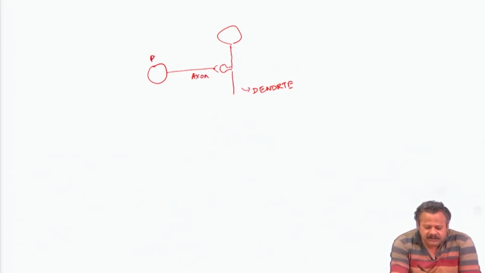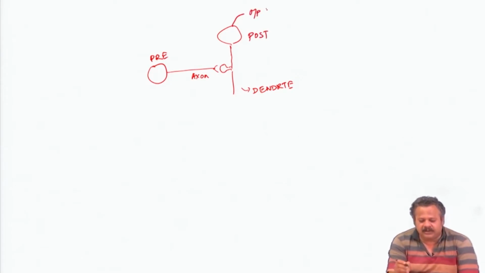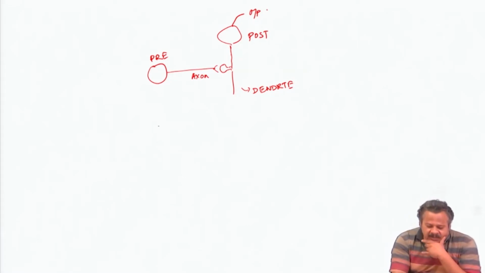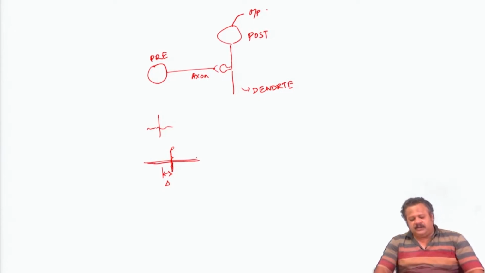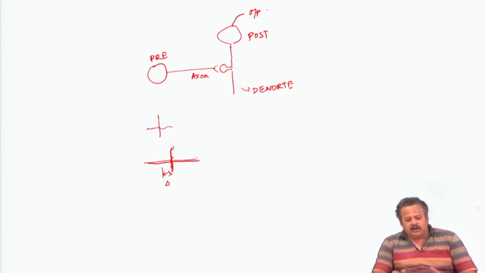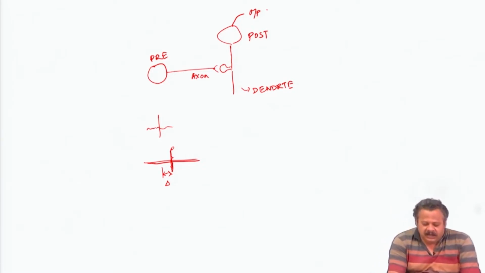So this is the presynaptic neuron, and this is the postsynaptic neuron, and this is the output of the postsynaptic neuron. And we know that if we have a spike on the presynaptic side and a spike on the postsynaptic side with a gap of delta, and if this association is done for a long period of time, multiple times, then this synapse strength is modulated, or it changes based on this delta.